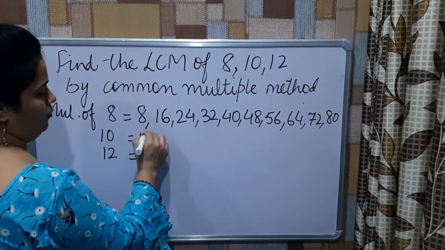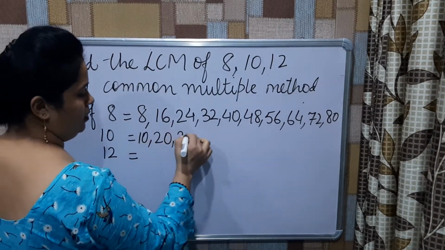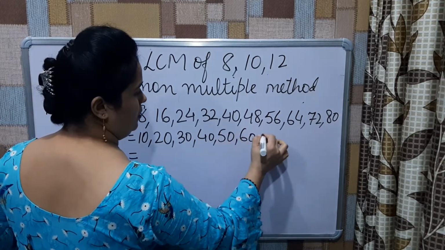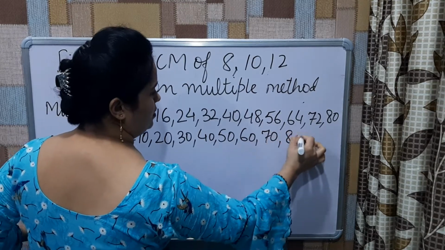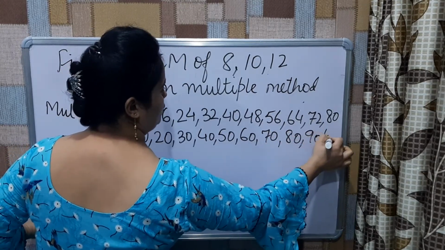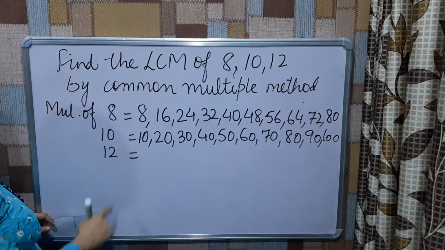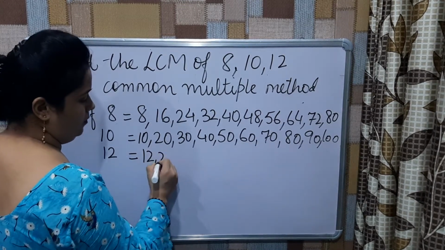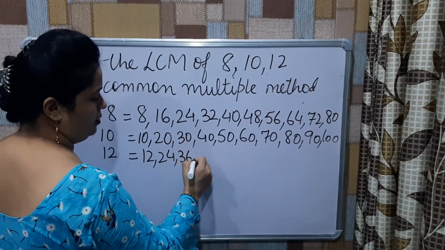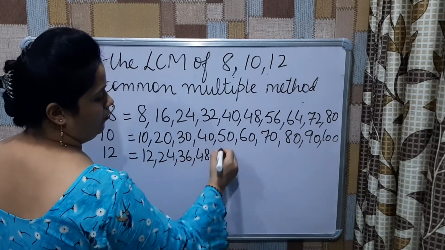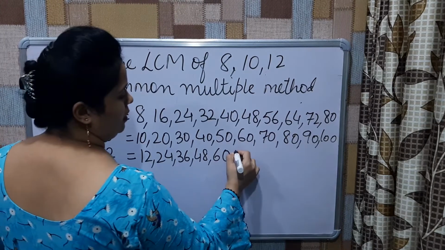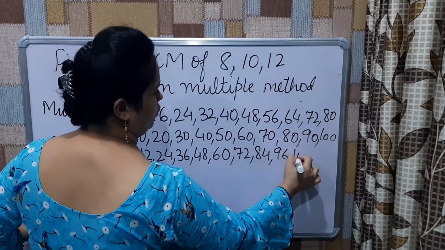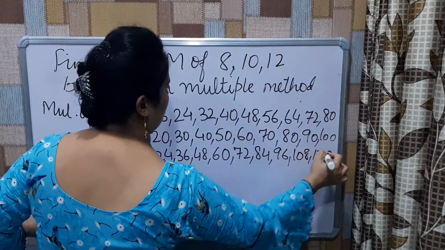Now 10, very simple: 10, 20, 30, 40, 50, 60, 70, 80, 90 and the last one is 10 times 10 are 100. Now time to write down the multiples of 12. 12 ones are 12, 2s are 24, 3s are 36, 4s are 48, 5s are 60, 6s are 72, then 84, 96, 108 and the last one is 120.